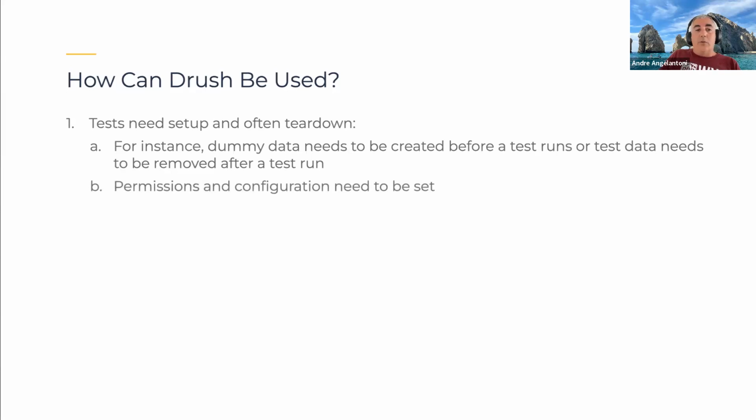You often need to set up permissions and configuration before the test begins, and Drush is great for that. Services often need to be pointed away from production to test instances.